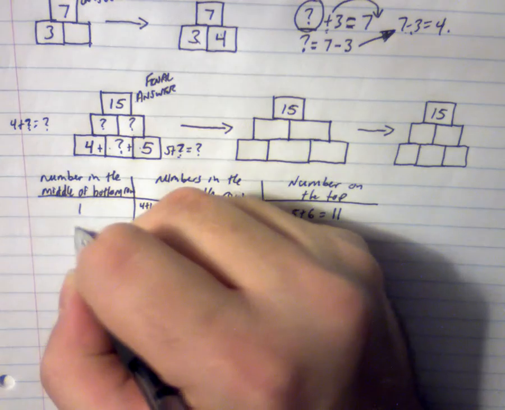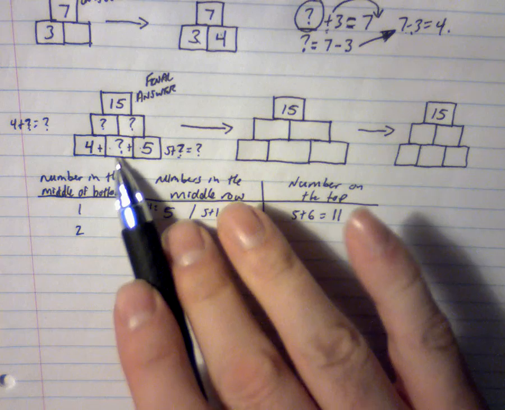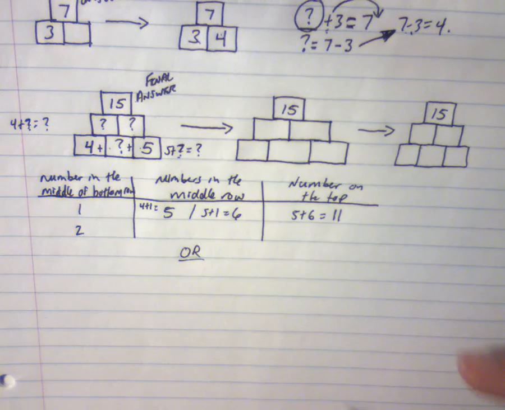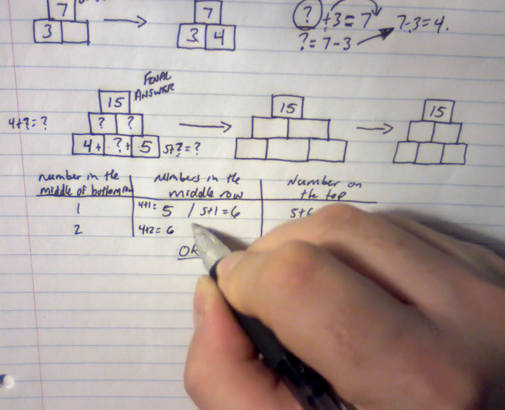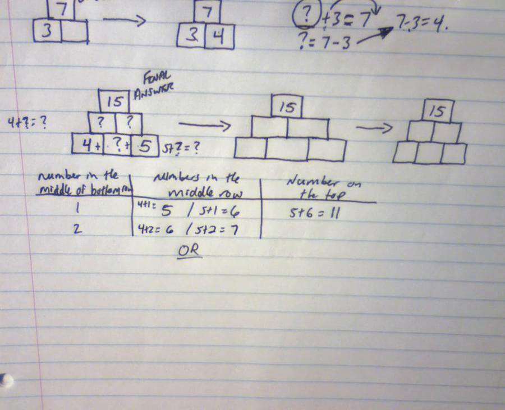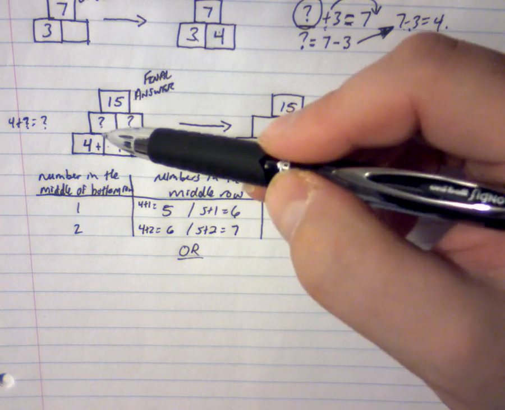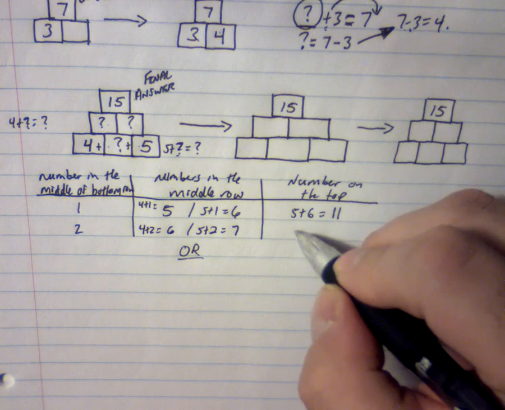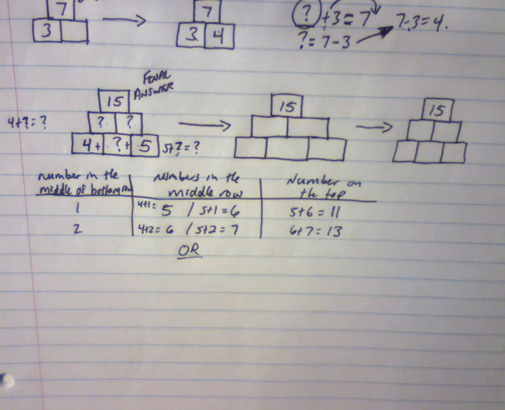So what if we put 2 in here? We're going to put 2 in the middle. Okay, so when we put 2, we have 4 plus 2, which equals 6, and we have 5 plus 2, which equals 7. Okay, so now the numbers in our middle row are going to be 6 and 7. So when we add 6 plus 7, we get 13.